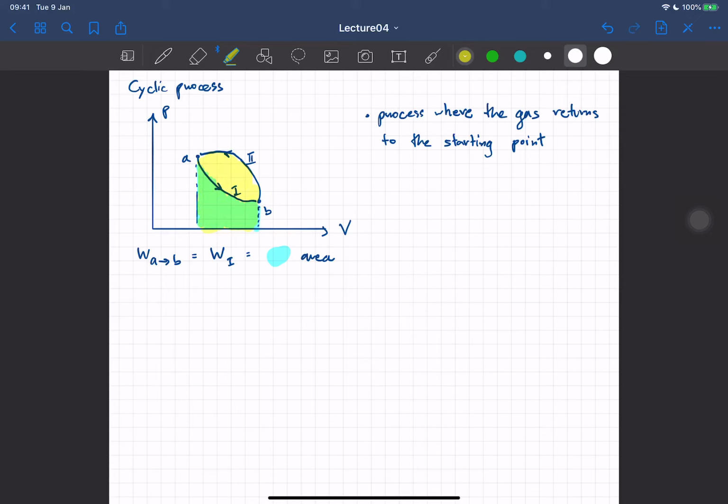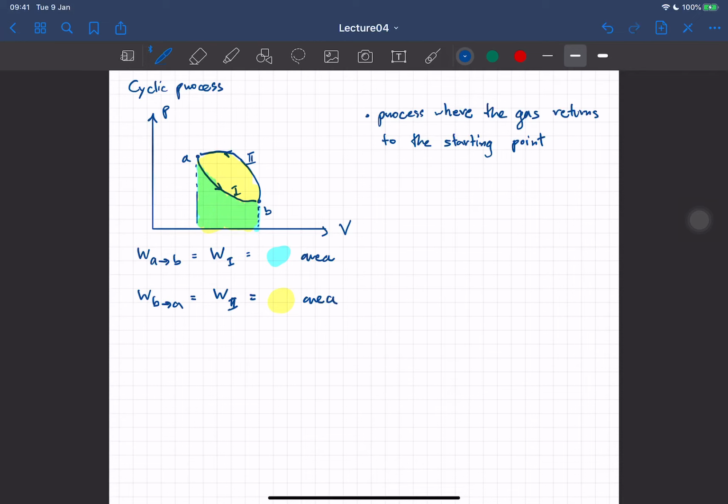Or maybe it's clearer. Well, okay, you get what I'm trying to say. So work from B to A is work number 2. That's the yellow curve, yellow area, which is the whole thing, okay? Which is the whole thing, this whole thing here. Okay, the color is a little bit hard to say what's happening here.